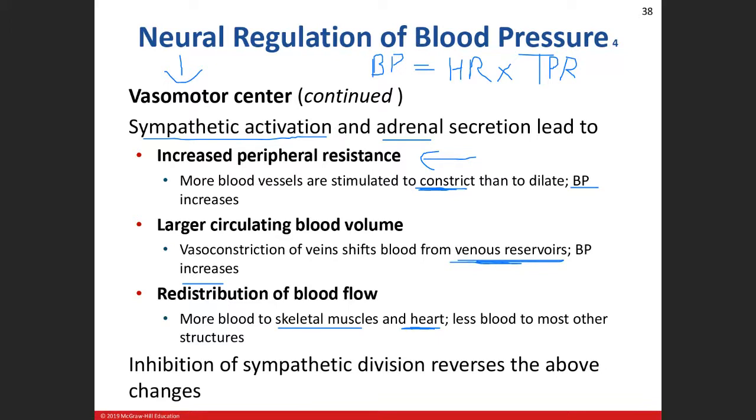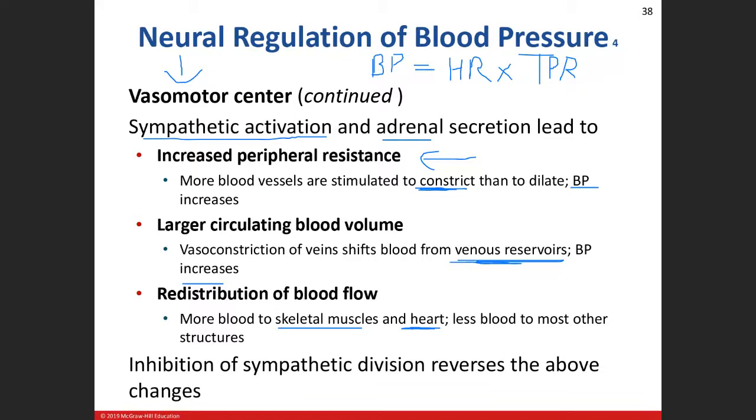And all that food is sitting in your stomach and your digestive system, so the blood usually will be shunted towards your GI tract. So as you're digesting the food, those nutrients can move into your blood. But when you activate the sympathetic nervous system, like you're all of a sudden being chased by something like a tiger or whatever, then that blood gets shunted away from your GI tract and goes to the heart and to the skeletal muscles so you can get the heck out of there. So it shunts it away from those other tissues there.